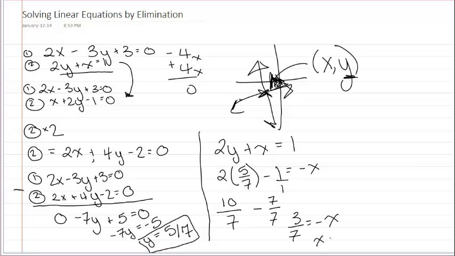Of course, move the negative over, and you get negative 3 over 7. Okay, so now my final point of intersection is negative 3 over 7 and 5 over 7.